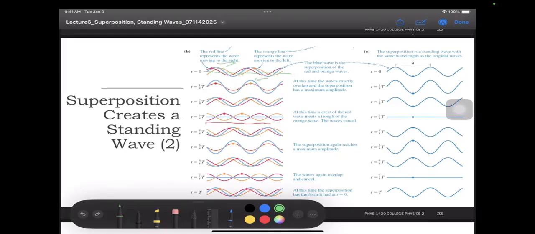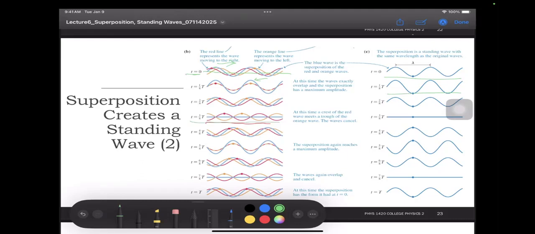Does it make sense to you? So at this point the superposition wave looks like this, and at this time it's a similar thing.